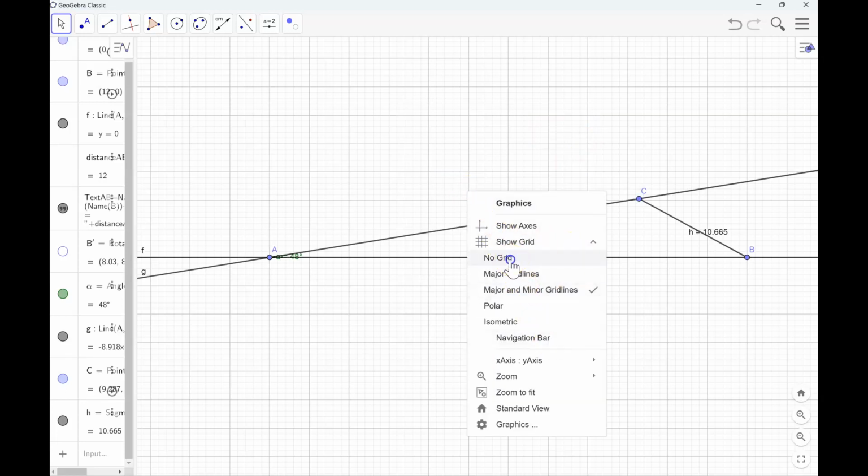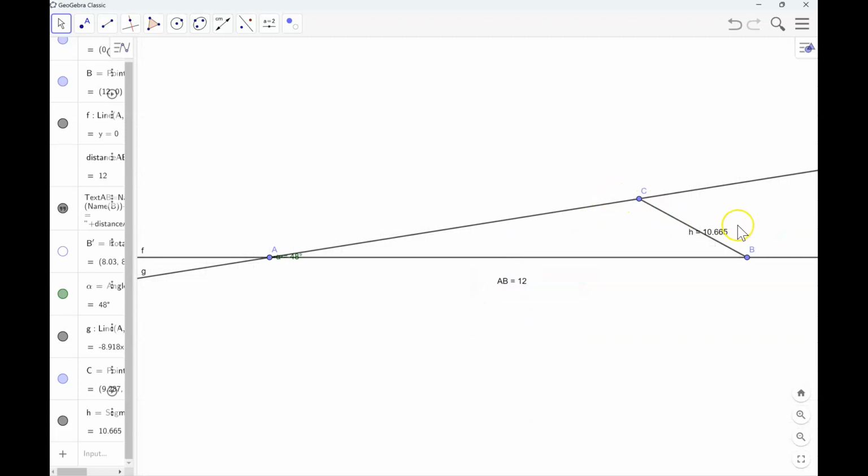All right, I've already got this. So here's the situation we just looked at, right? Here's our SSA situation where we have 48, 12, 10. So one of the triangles can look like this, right?